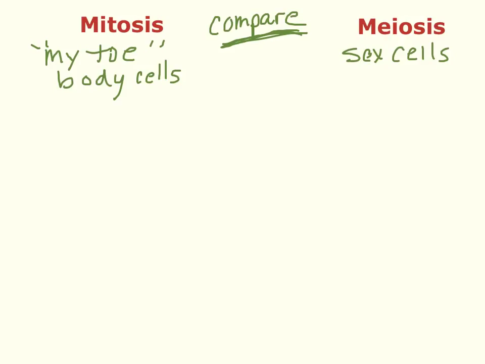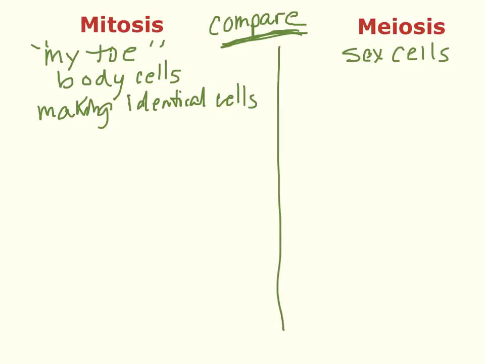For mitosis, we are making identical cells. I should probably put a line here so we keep things straight. Meiosis, we're making unique cells.